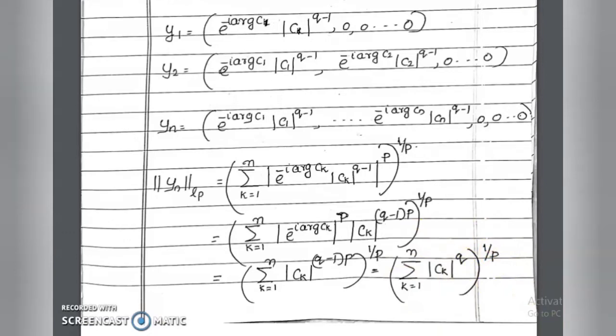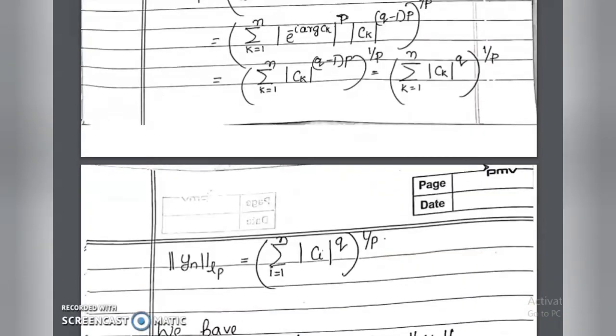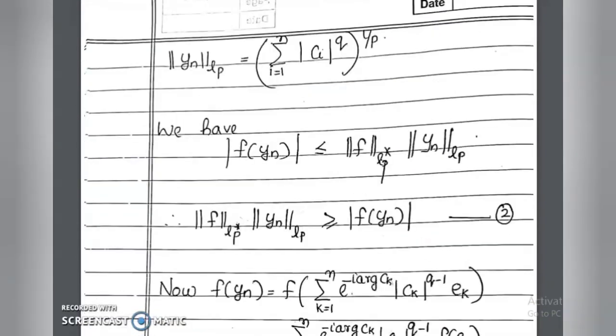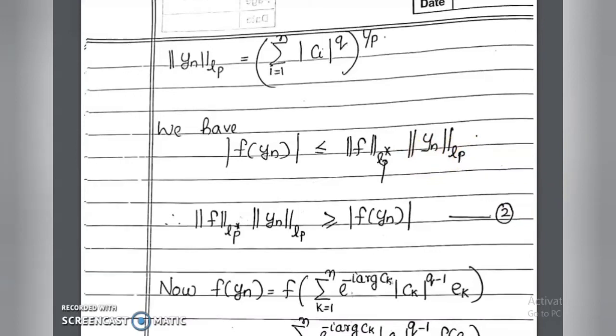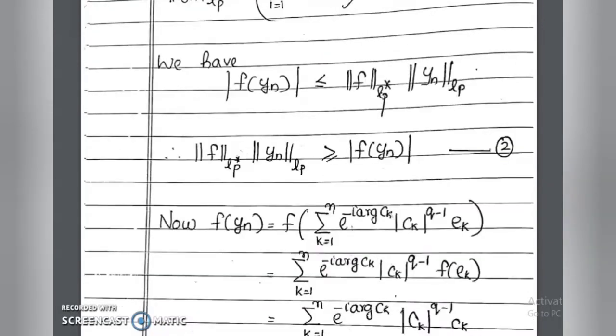So we get the norm of yn in LP equal to this one. Now we have |f(yn)| is less than or equal to ||f||_{LP*} times ||yn||_{LP}. Therefore ||f||_{LP*} ||yn||_{LP} is greater than or equal to |f(yn)|.